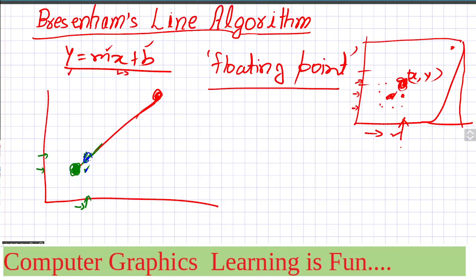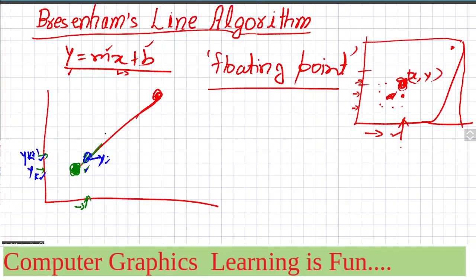And this is actually your yk, this was your actual y, and this is yk plus 1. So you will definitely get some value for y. Then you will see whether it is near to yk or near to yk plus 1.